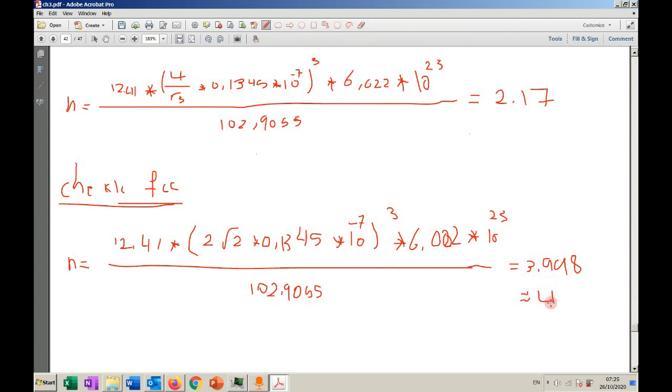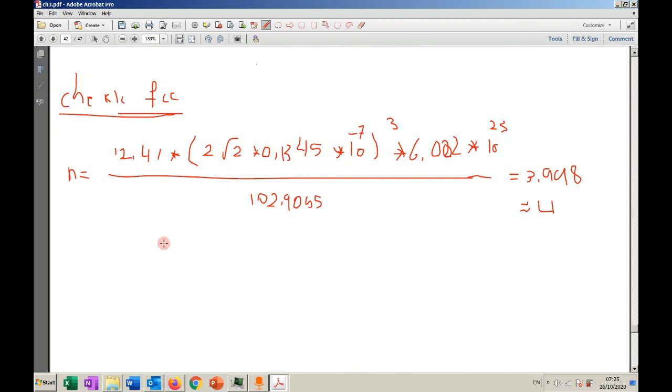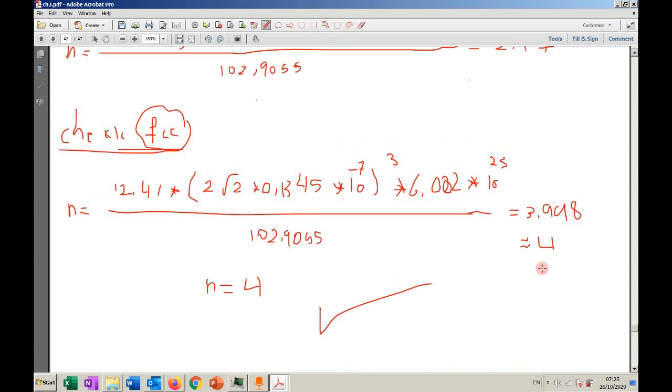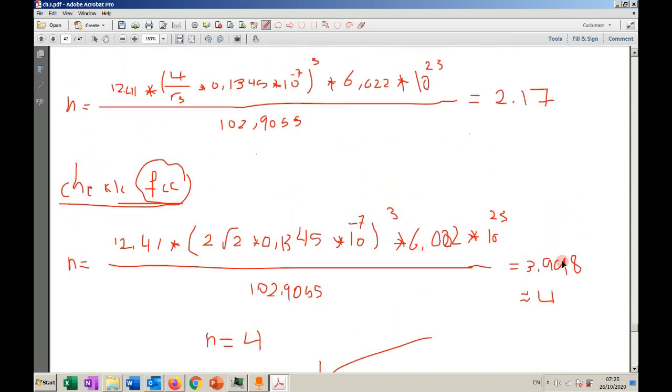We already know that if it's FCC, small n will be 4, so the crystal structure is FCC. Now this is a bit different from the previous one. Here we calculated n, and n must come as an integer. It's close to an integer: look, 3.998, it's 4.